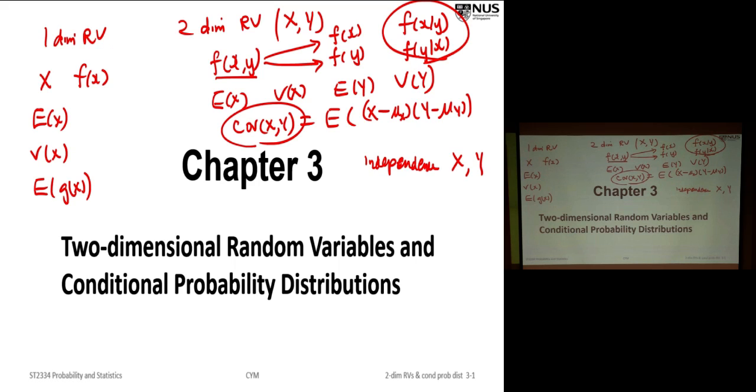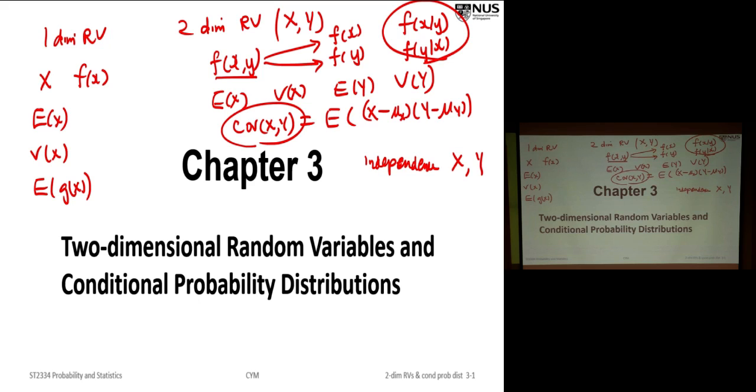So it is quite tough. It's the concept, because now we have more things involved. And not only that, your calculus, your summation or integration, is getting harder, because you are dealing with two variables.